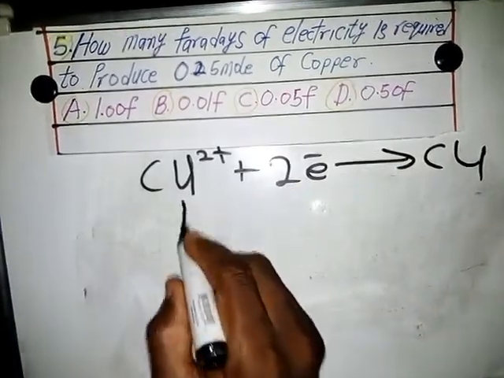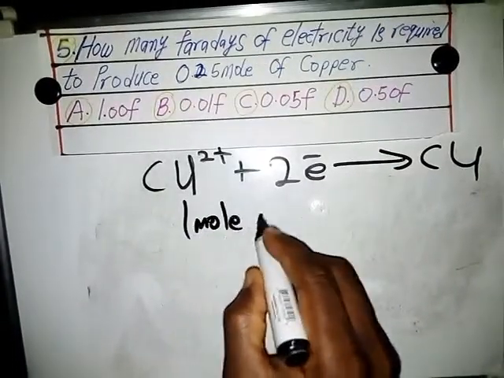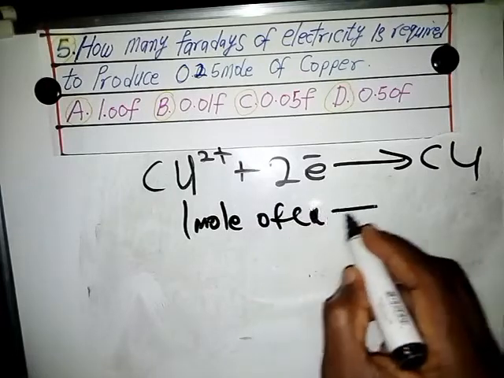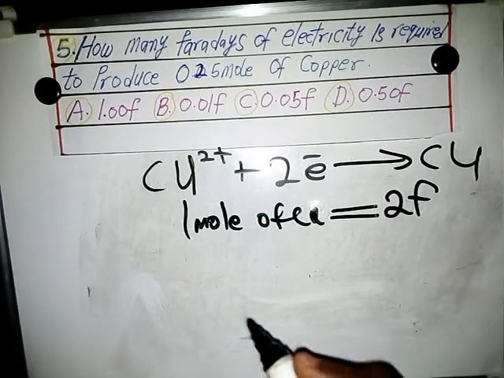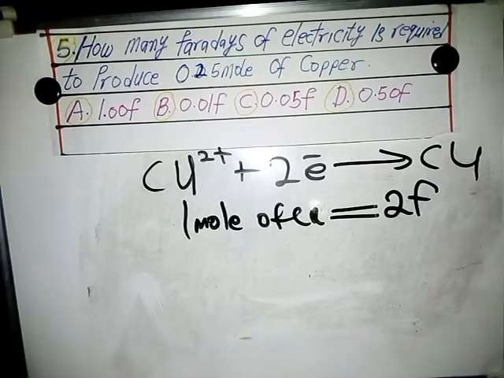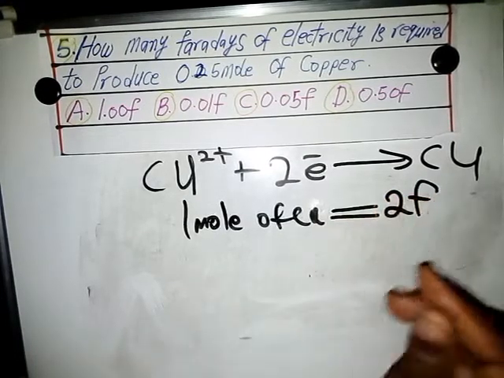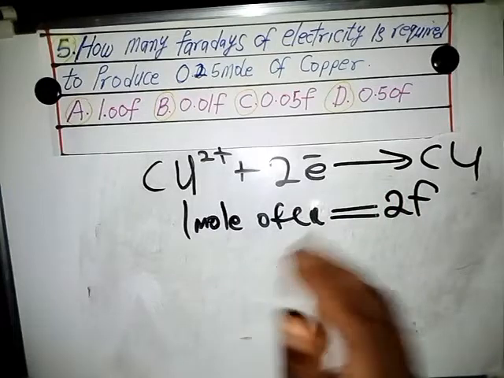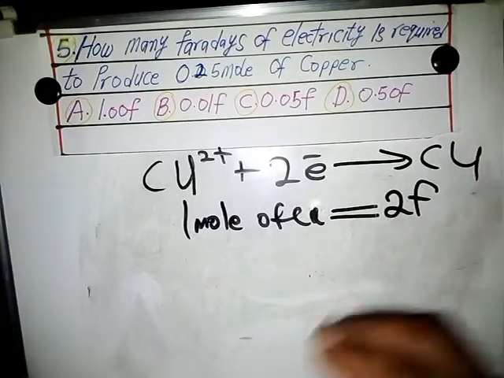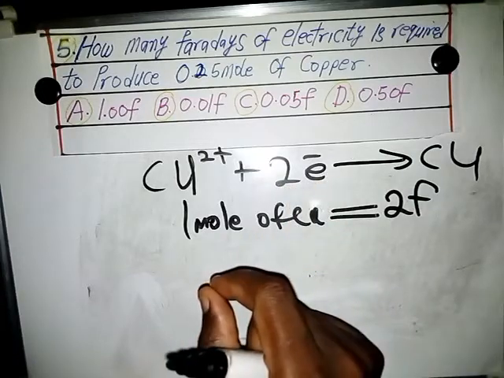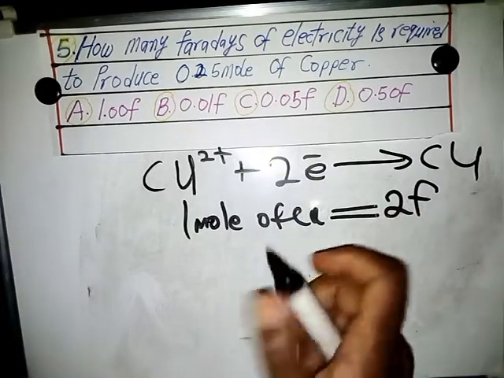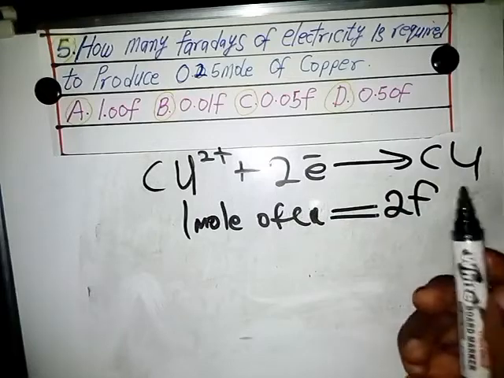You go like this: 1 mole of copper is equivalent to 2F. For this kind of equation, that's how you solve it. 1 mole of the element is equivalent to 2 Faraday. This 2 is this 2.